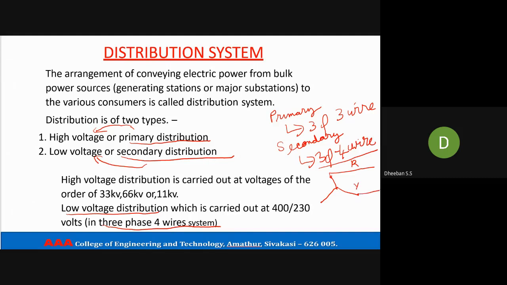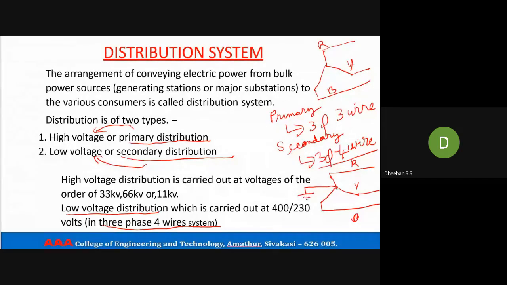This is your three phase three wire system; it will be only your R, Y, and then B. But in the case of your three phase four wire system, there will be a separate wire for your neutral.